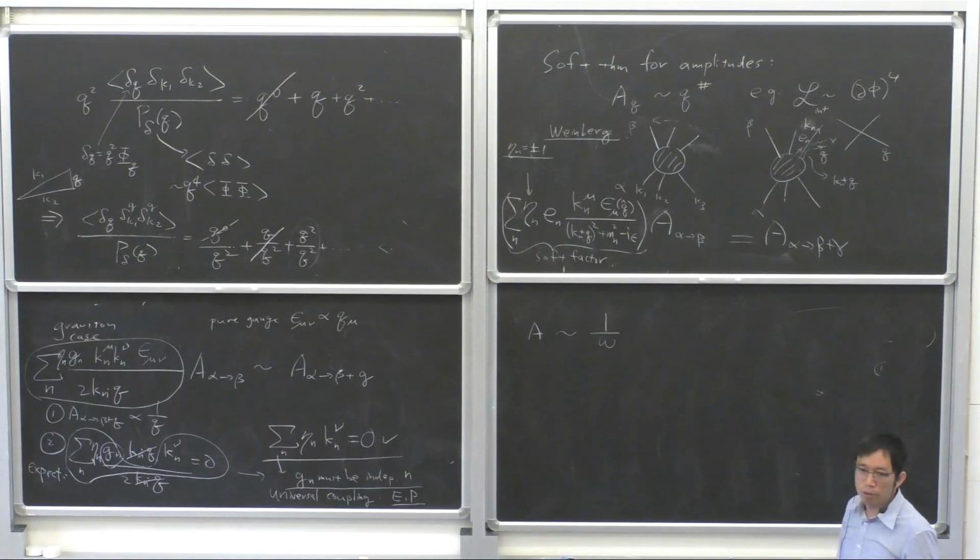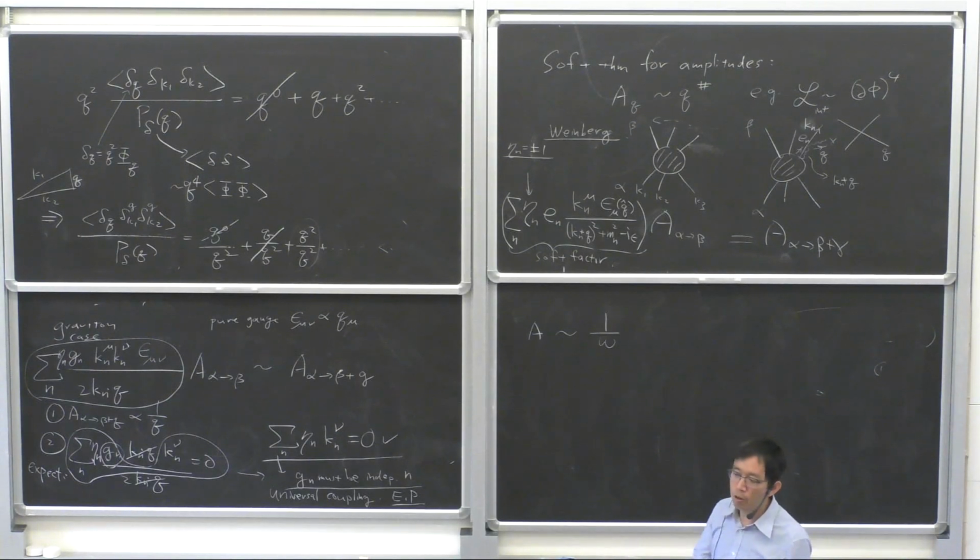If you make the right kind of arguments, which I don't have time to make now, a very nice argument was made in an article by Ashoke Sen a few years ago.